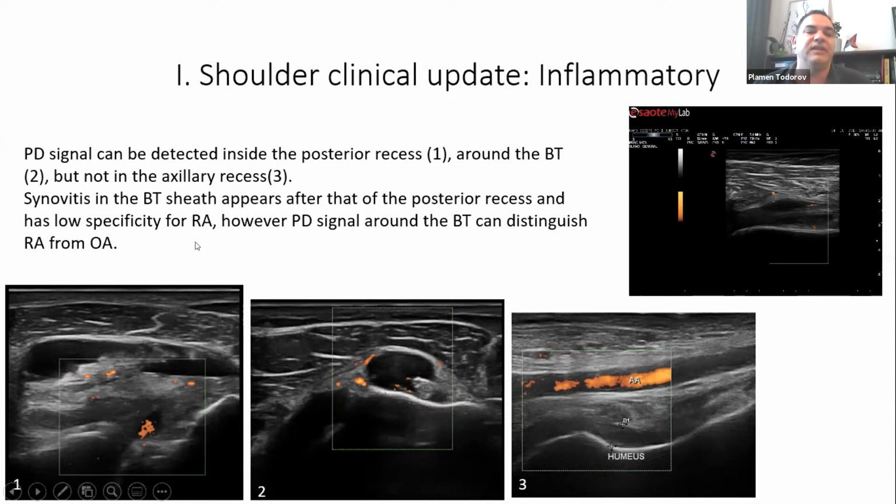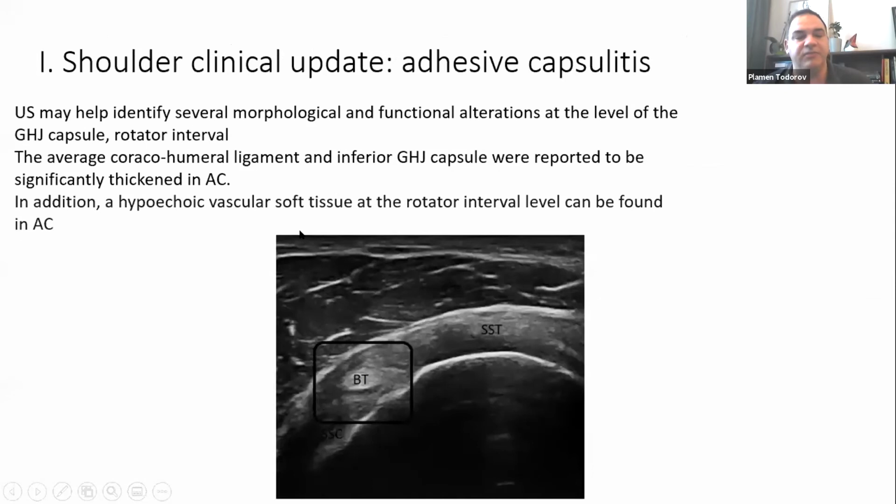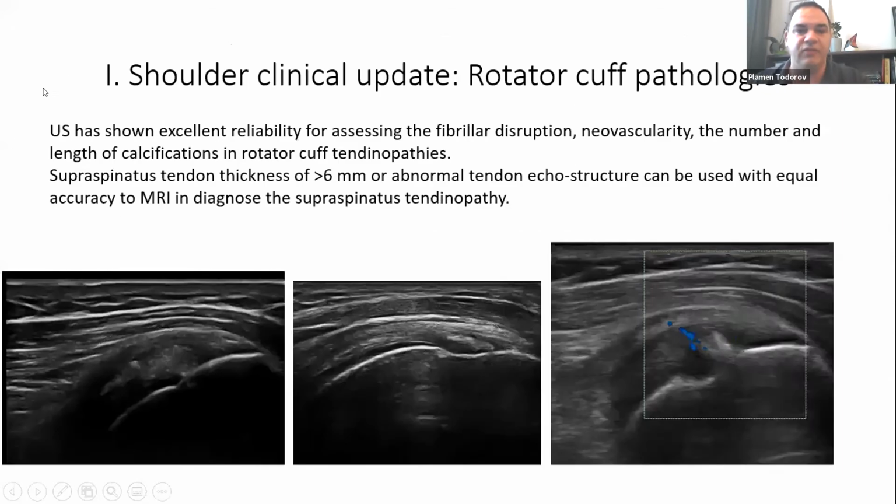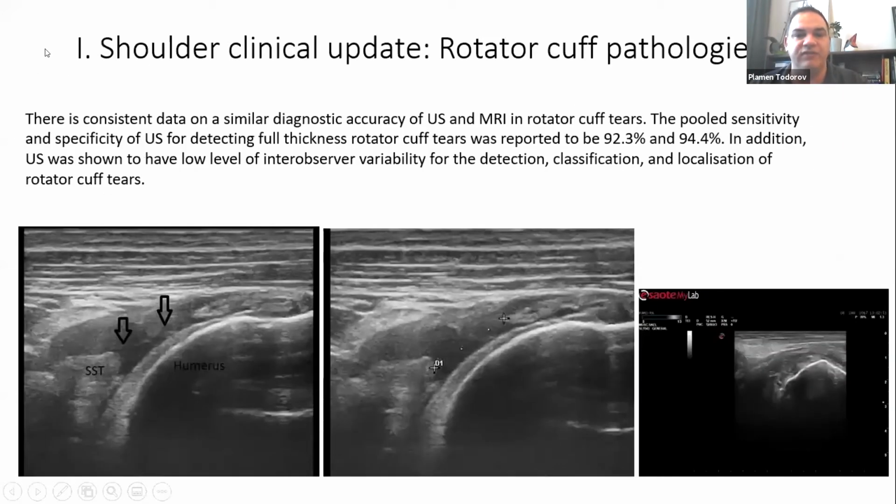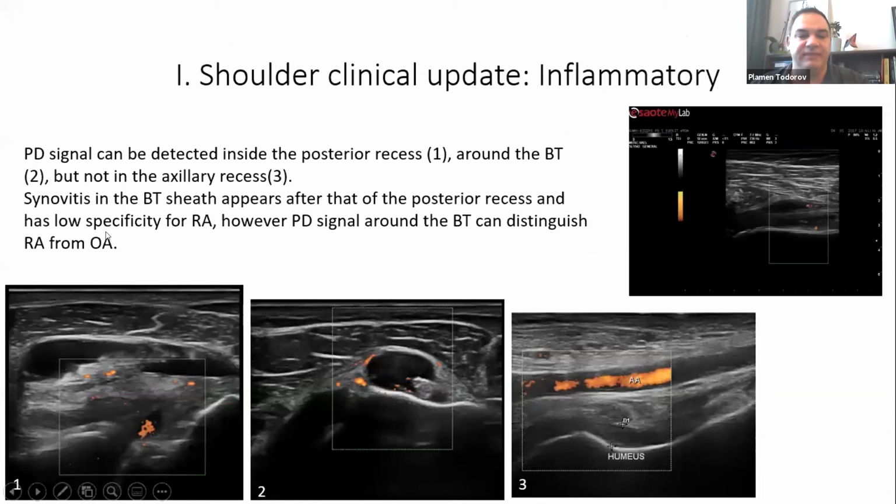Synovitis in the biceps tendon sheath appears after that of the posterior recesses and has low specificity for rheumatoid arthritis, but signal along the biceps tendon is quite specific for rheumatoid arthritis, to differentiate it from osteoarthritis. When there's an effusion in the biceps tendon sheath without such effusion in the posterior or axillary recesses, we talk about tenosynovitis of the biceps tendon.